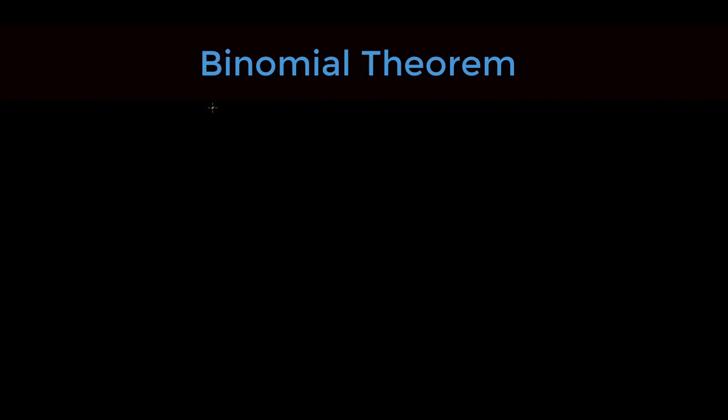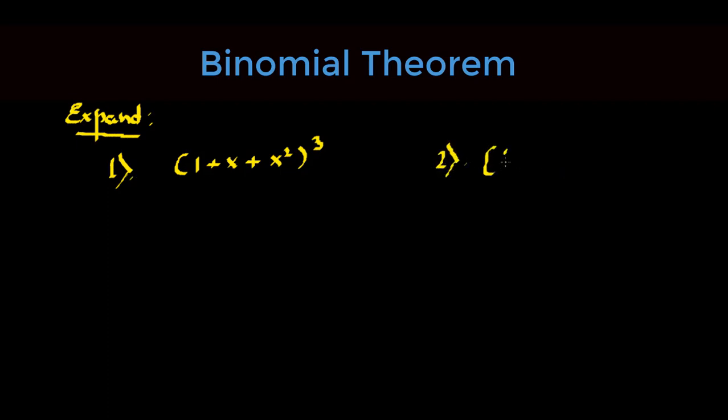So what you can do is you can try using the binomial theorem to expand the expression 1 plus x squared whole raised to the power of 3. This is question number 1, and question number 2, 1 minus x plus x squared whole raised to the power 4. How would you do that?